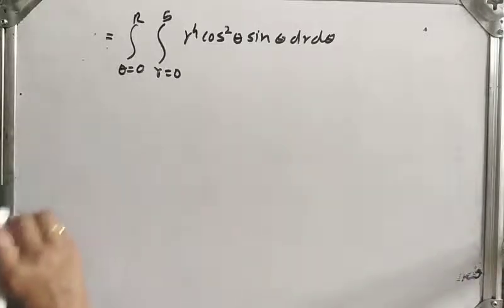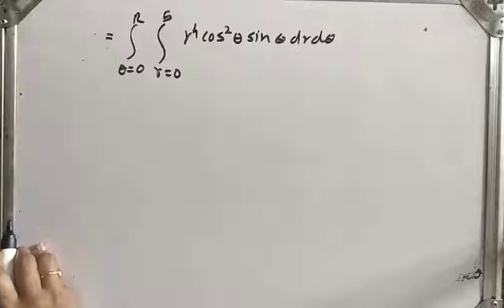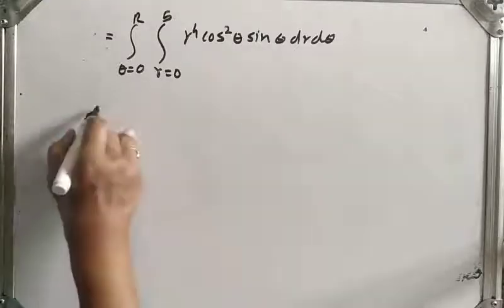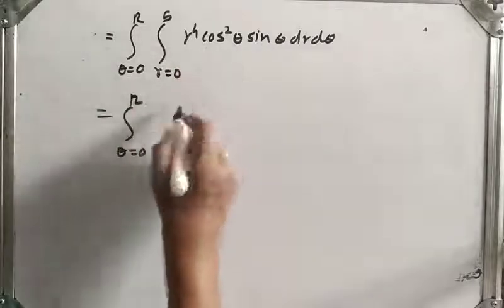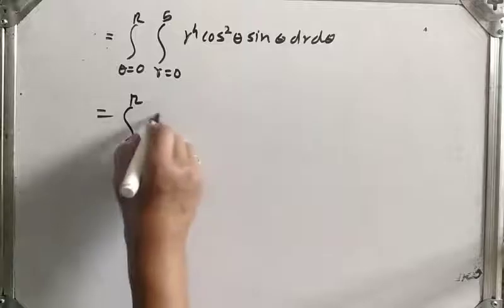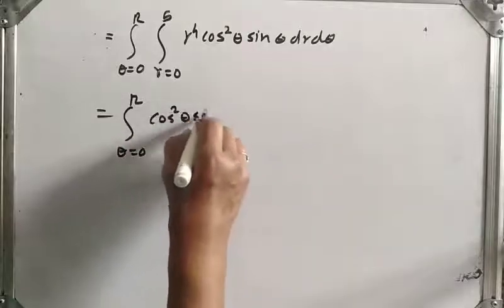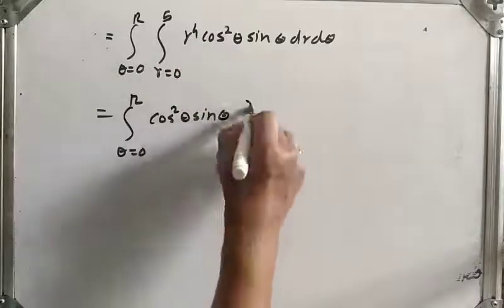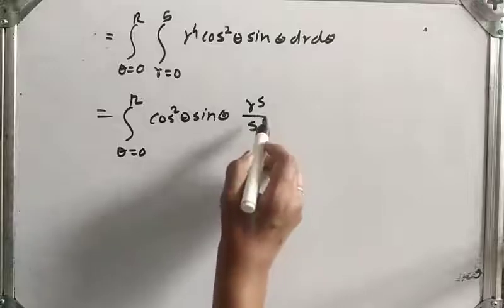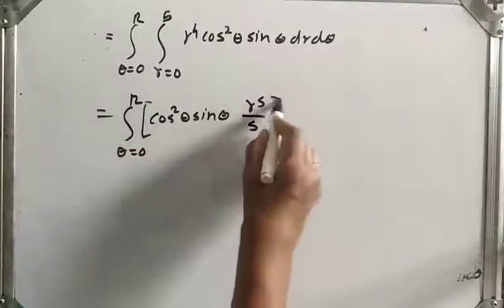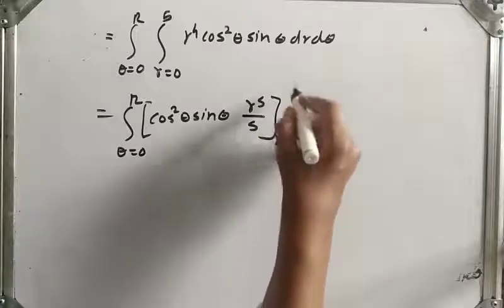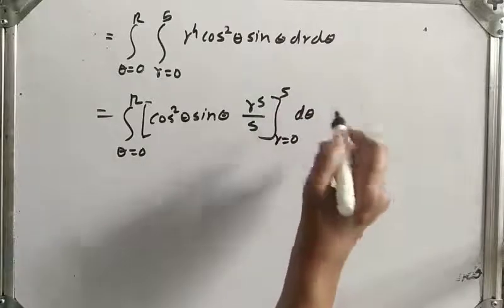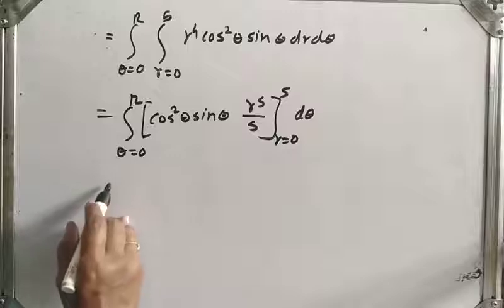Which is equal to, so let us integrate with respect to r first. Theta is equal to 0 to pi, integration with respect to r, this as it is, cos square theta sin theta, integration with respect to r raised to 5 upon 5, okay, these are constant, r raised to 5 upon 5, r varies from 0 to 5 d theta, which is equal to what?